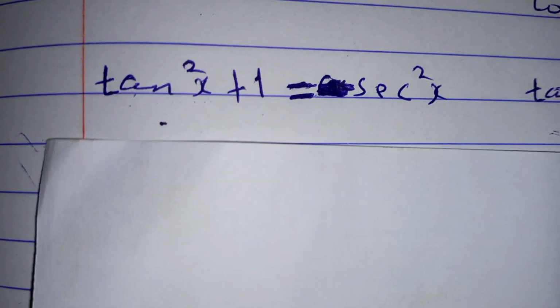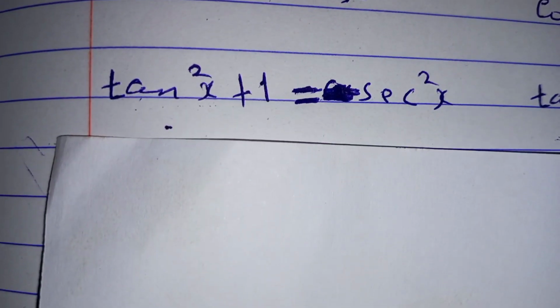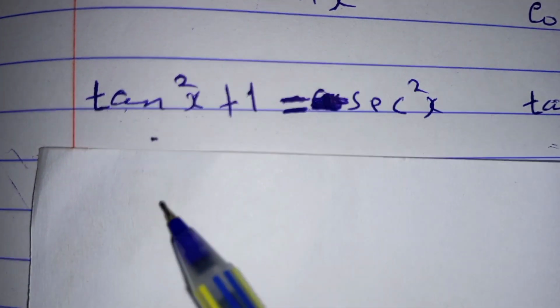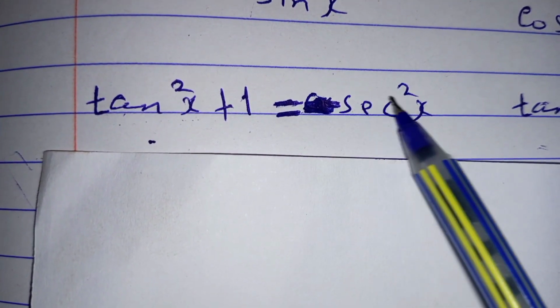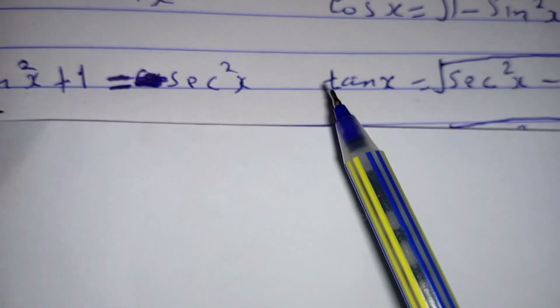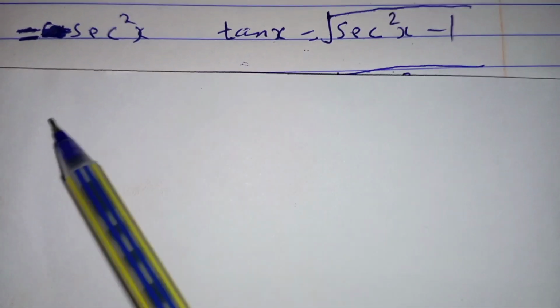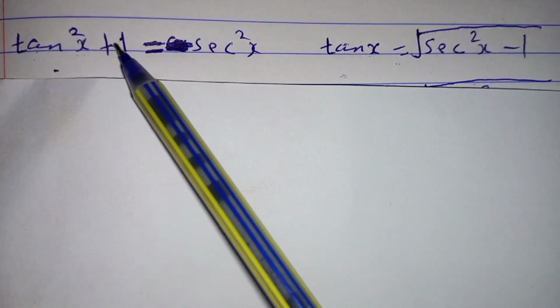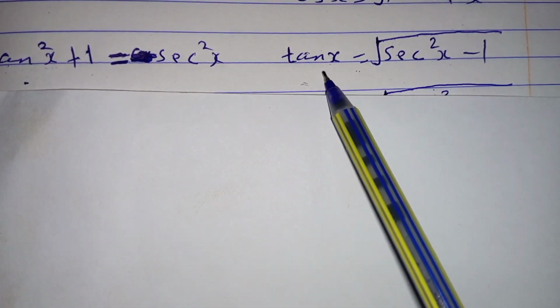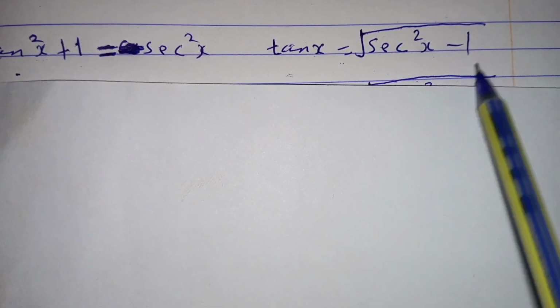From this equation, we can subtract 1 both sides and take the square root. Subtracting 1 here and taking the square root, we are going to get tan x is the square root of this.